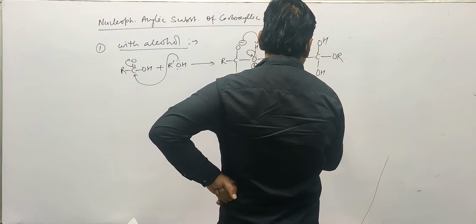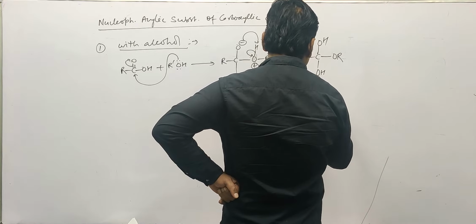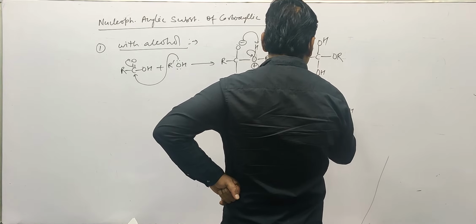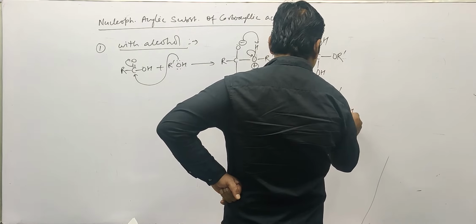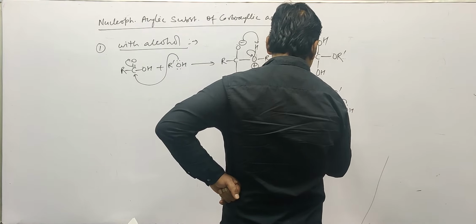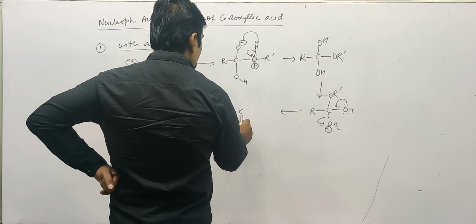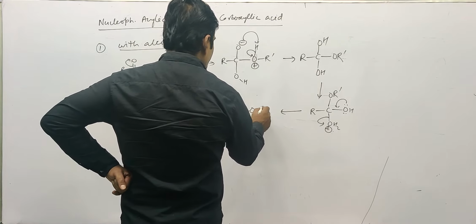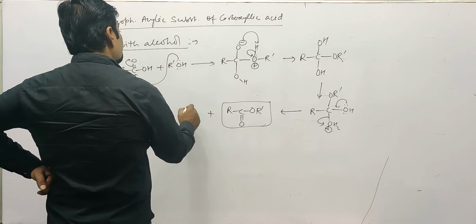So this will become RC(OH2 plus), at this place OH and OR'. Further, this electron pair will return back, this H2O plus will move out, becoming RC double bond O OR', and elimination of a water molecule takes place.